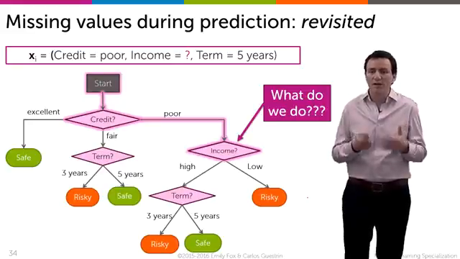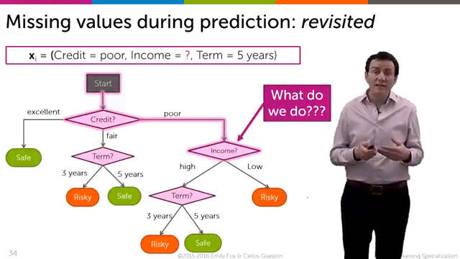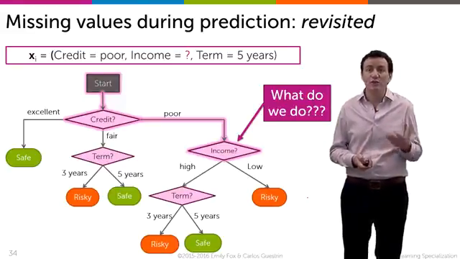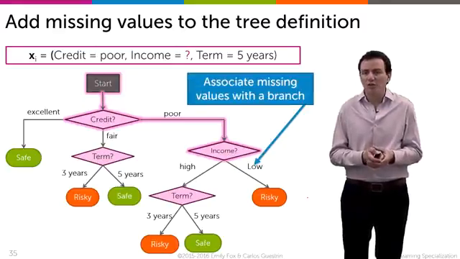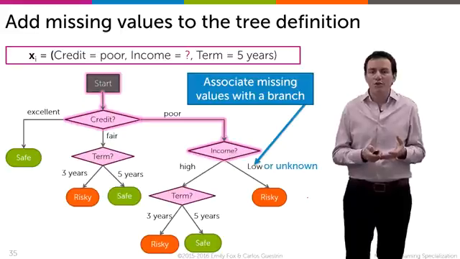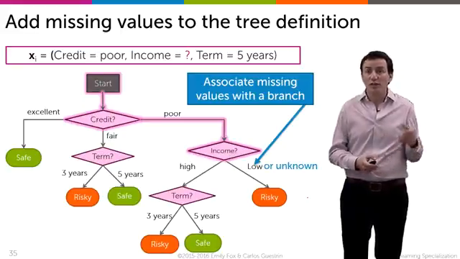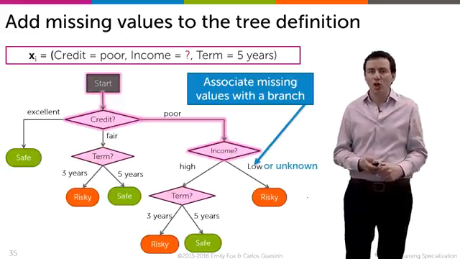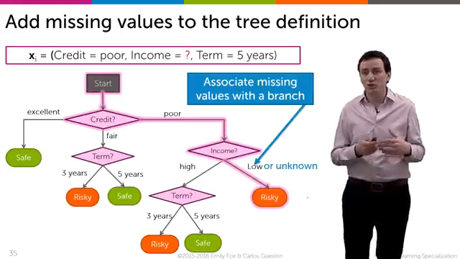Income was question mark. So what do I do then? What we're going to do is assign a branch to follow when the value is unknown. In this case, I'm going to associate all unknown data with the branch where income was low. So if your income was unknown, take the low branch. And from then, I'm just going to predict that this loan was risky.